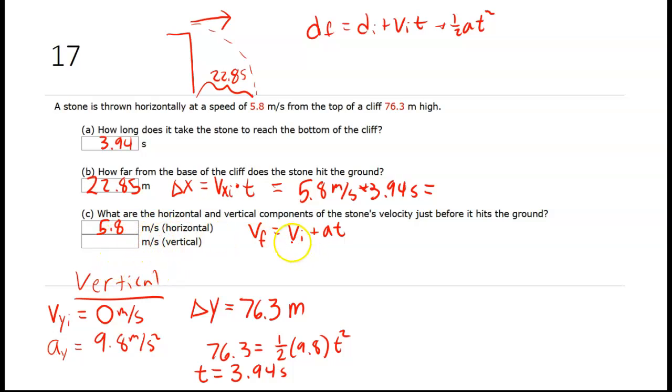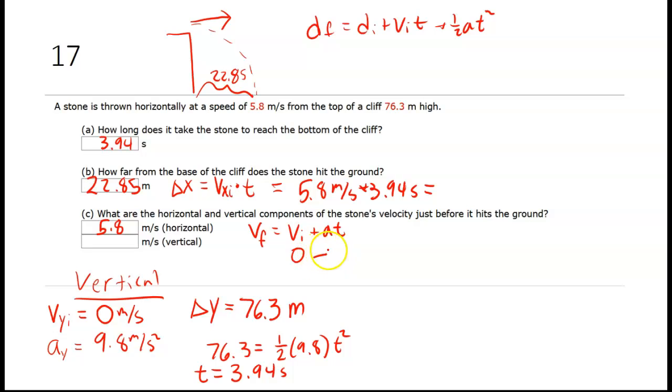In the vertical, I start with an initial velocity of 0. I have my acceleration due to gravity. Actually, I believe there was a discrepancy here on this question where the WebAssign was only accepting negative values because they just unilaterally decided that down was negative for this question.